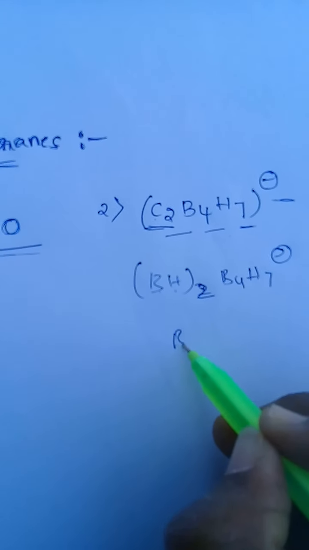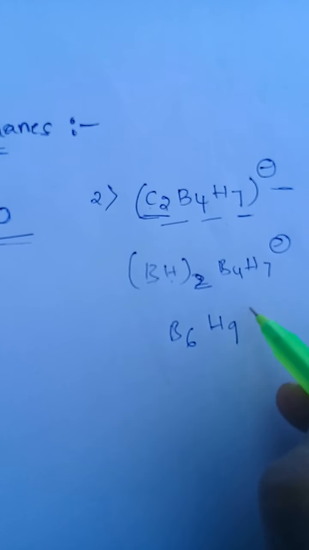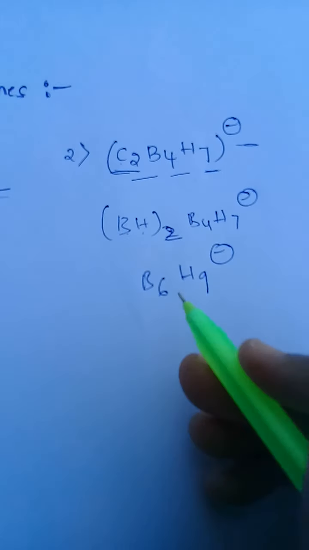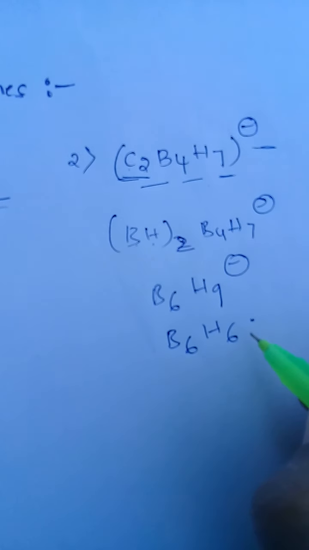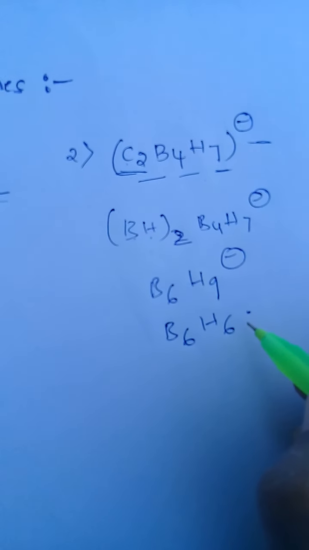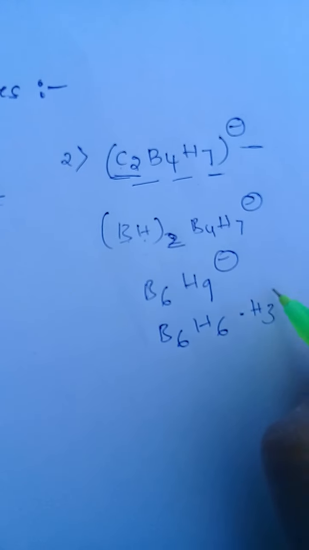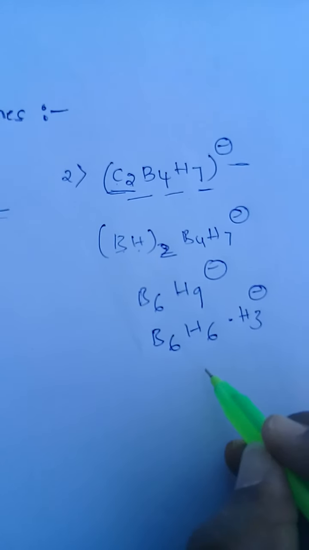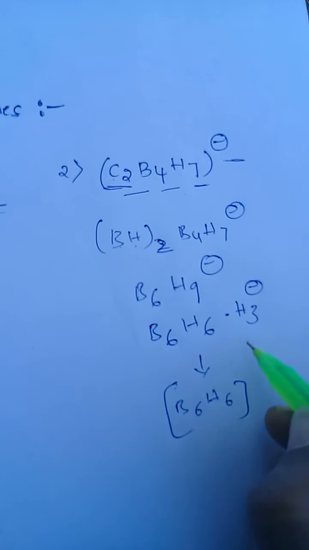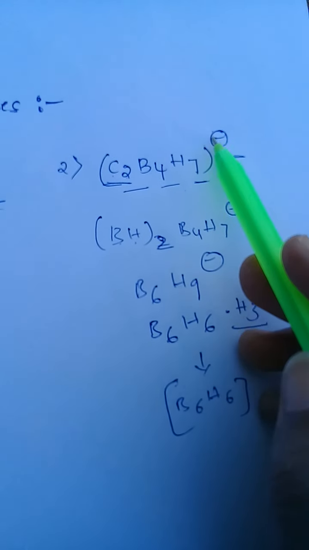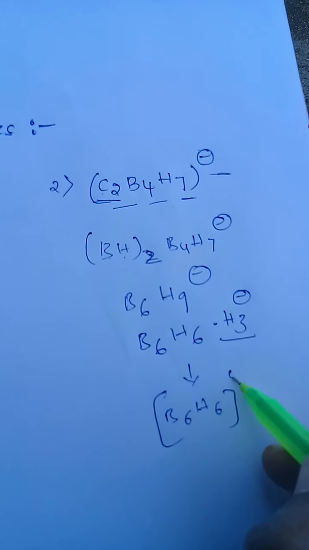So total B6H9 minus. Next, B6H6, the remaining hydrogens 3. So B6H6, these 3 hydrogens plus the 1 charge already present, so total 4 minus.